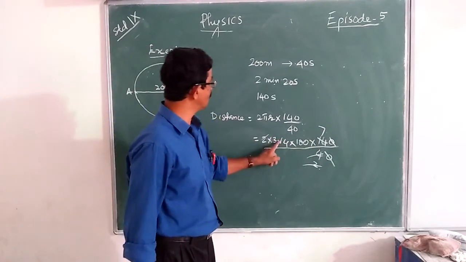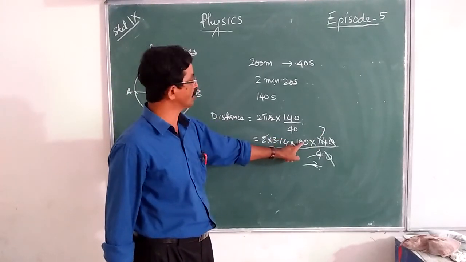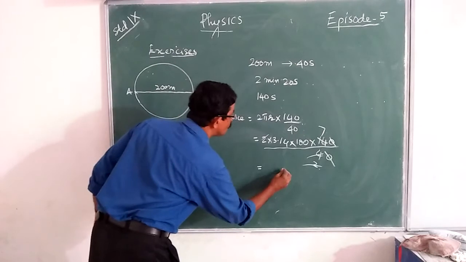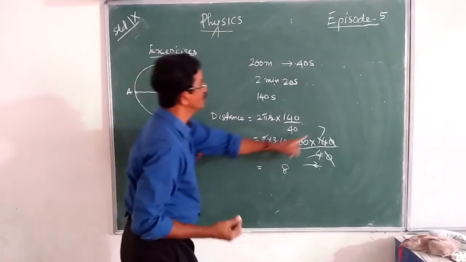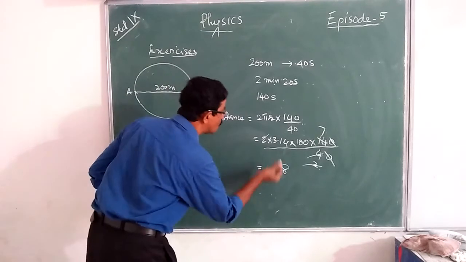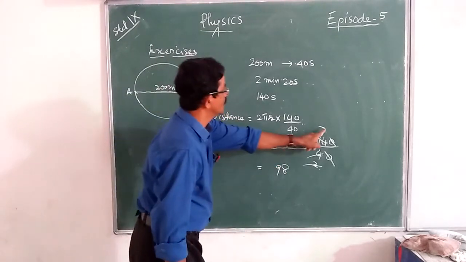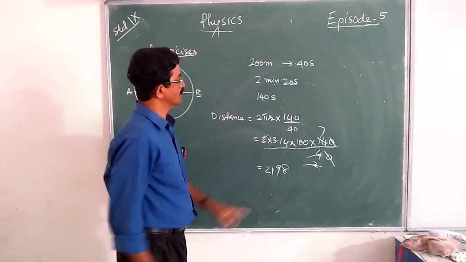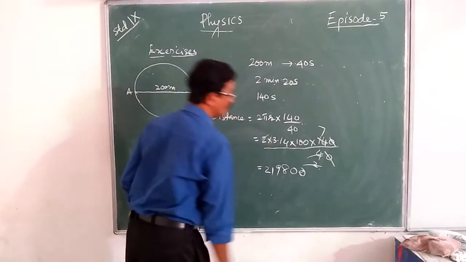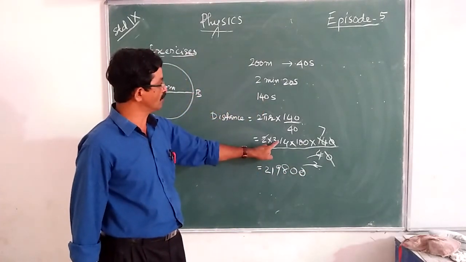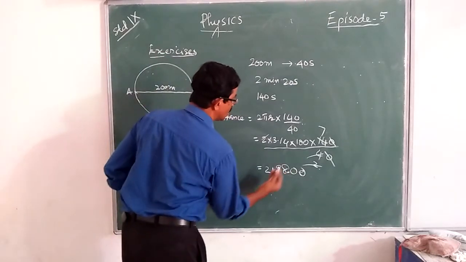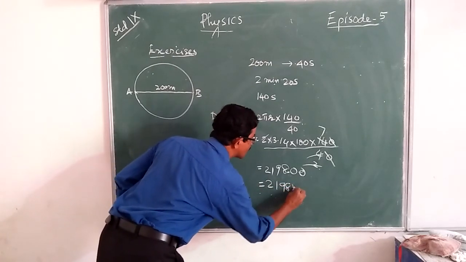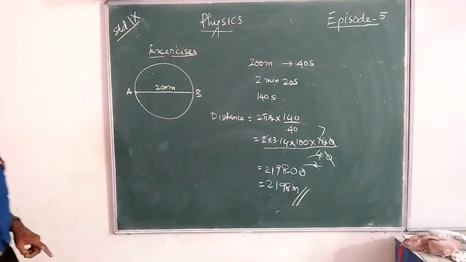Now 7 times 3.14, and this 100 we can give. 7 into 3 is 21, giving 2198, then the 2 decimal places we can give. So the distance traveled is 2198 meter. This is the distance he traveled.